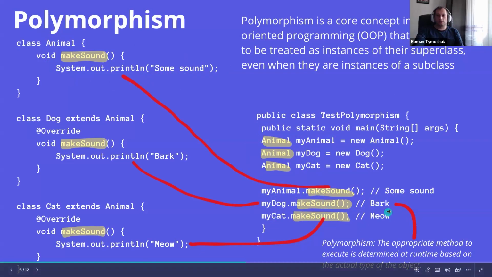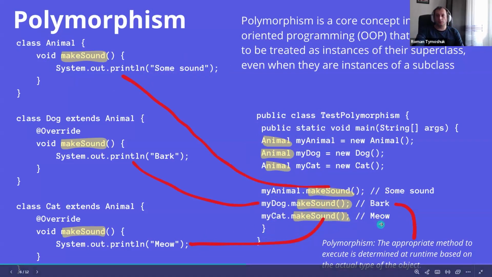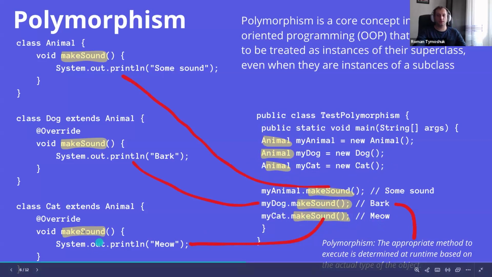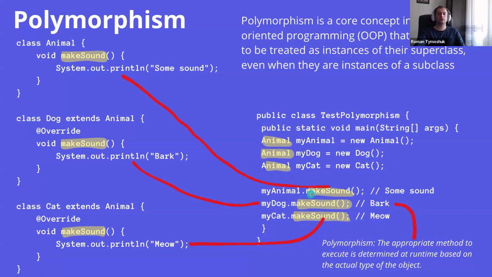My dog makes sound, will bark. My cat makes sound, will meow. Why does it work in this way? Even if the definition here is a parent class, if you define it as a subclass here, it will use the implementation of the subclass. That's how polymorphism works.